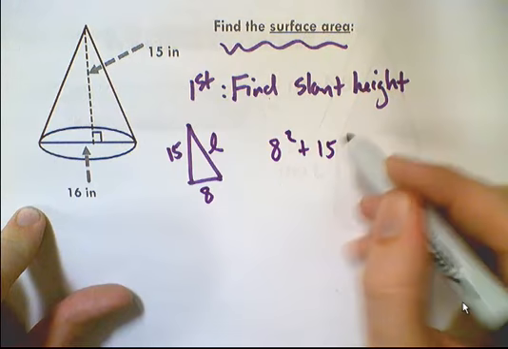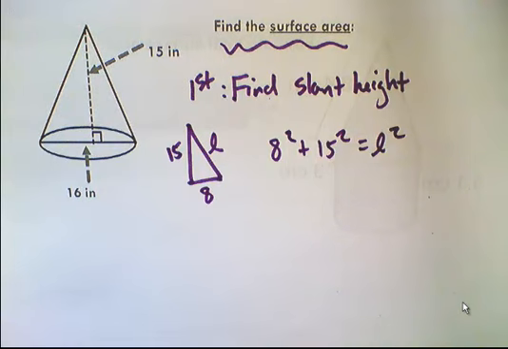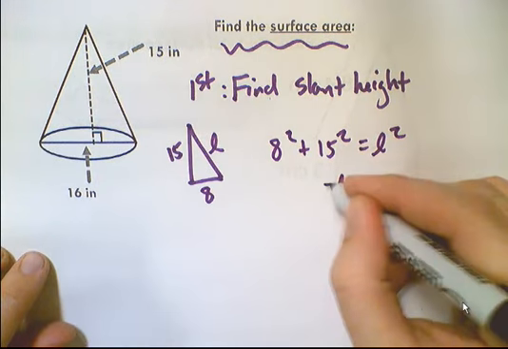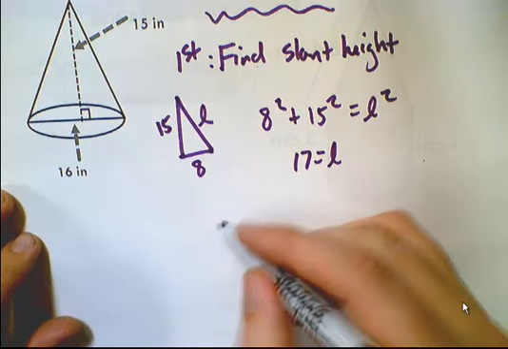Pythagorean theorem, fun to do, calculating it out, should give you 17 as my slant height. And from there, now we can just calculate out the formula.